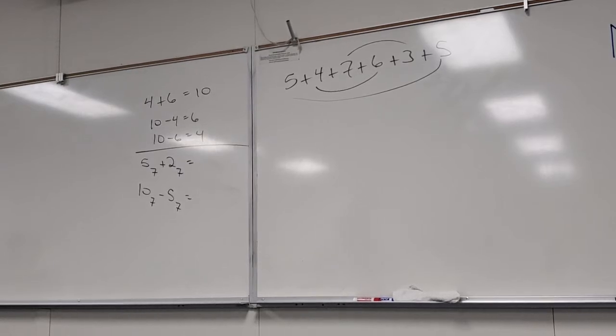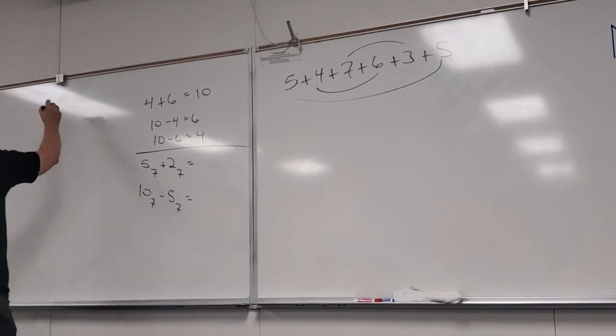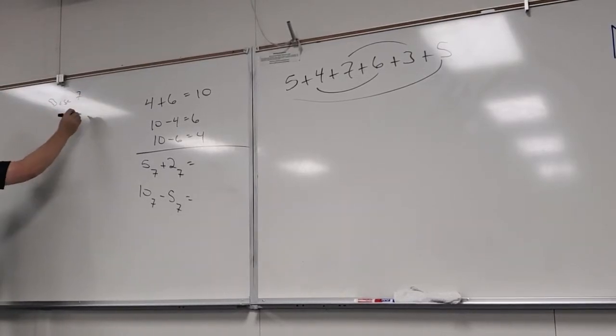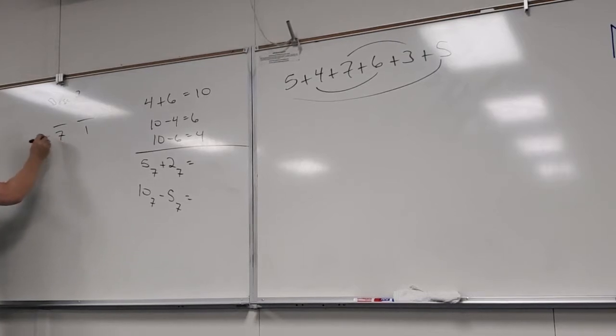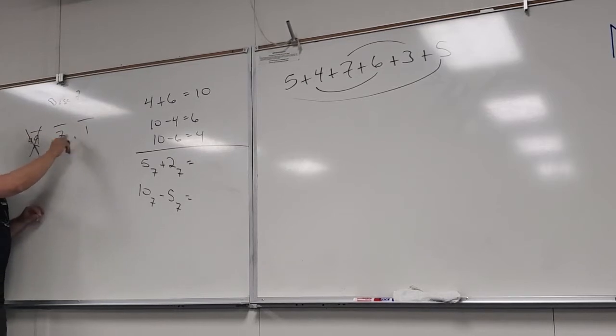So base 7, what are the places? 1s, 7s, 49s. Okay, good. So if I want to have 7, I don't put a 7 here. I got 1 seven and no 1s.